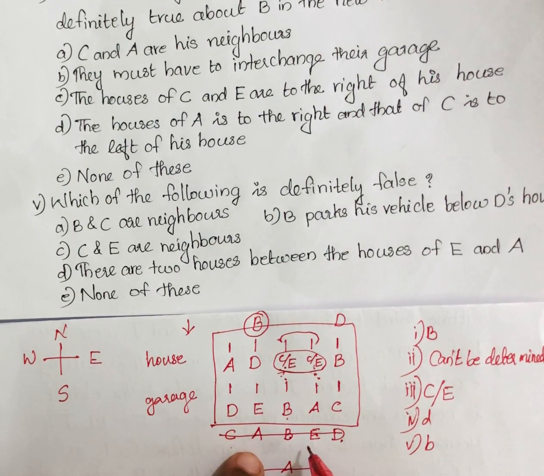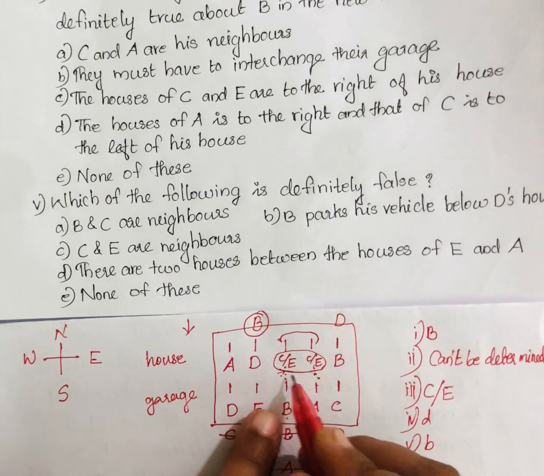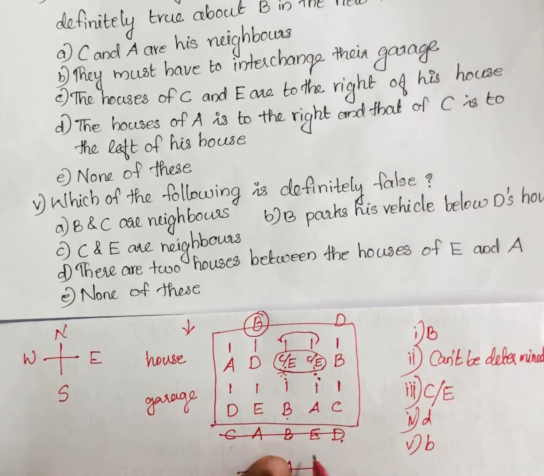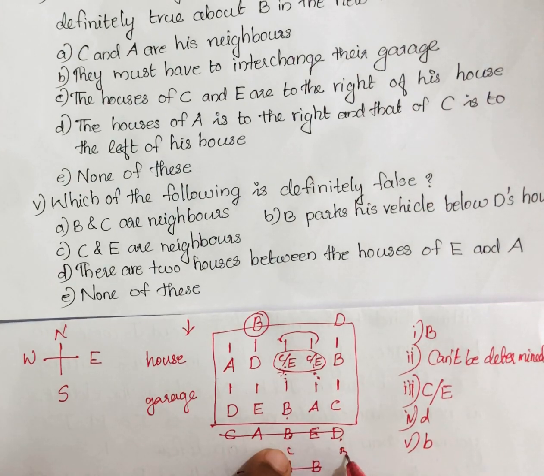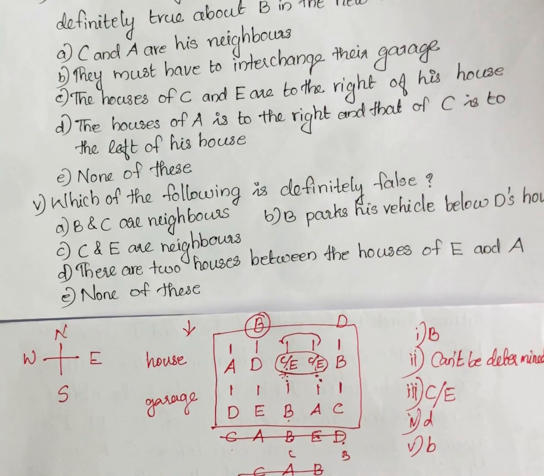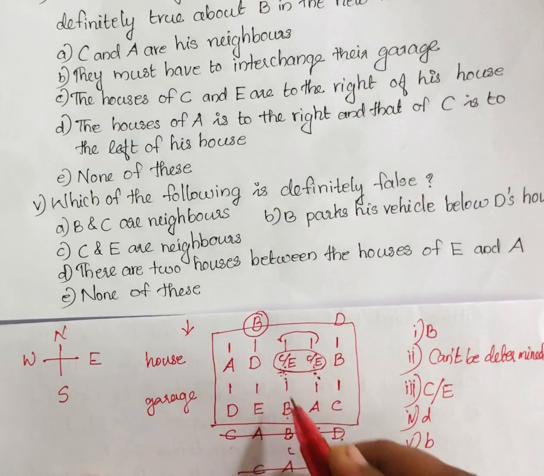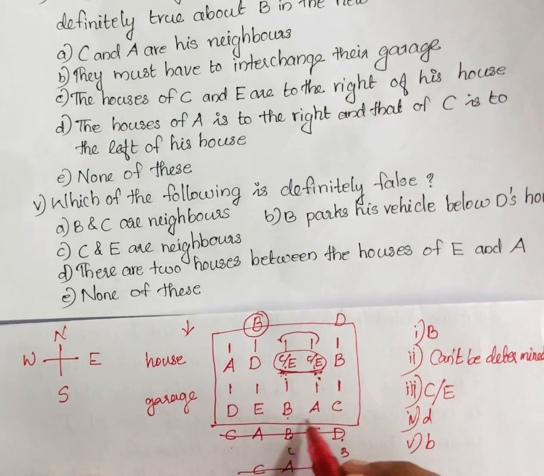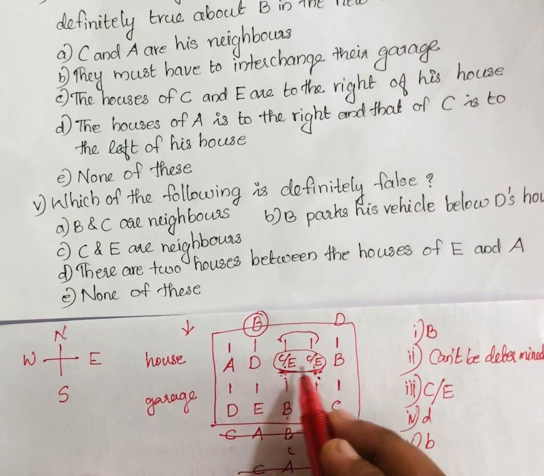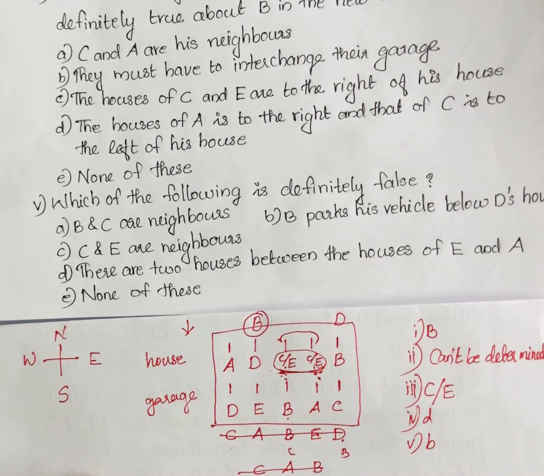Or if you write E, C here, then we will write C, B here also. That possibility also will be there. At that time our arrangement becomes wrong. So in this case, we cannot change the house according to the garage. We should write down the house as either C or E itself.